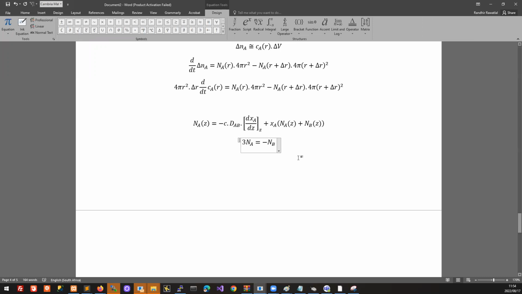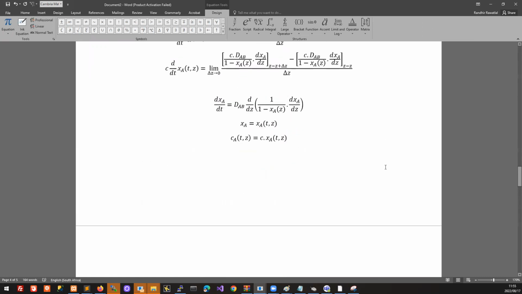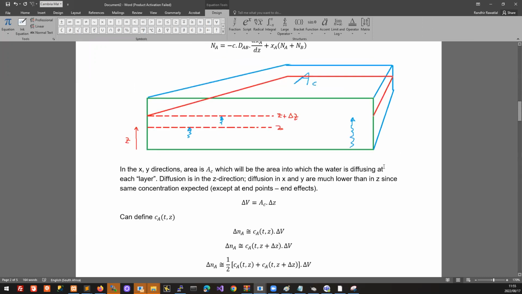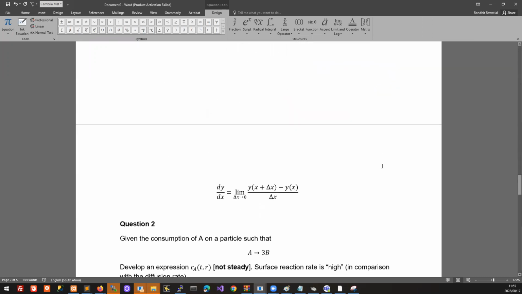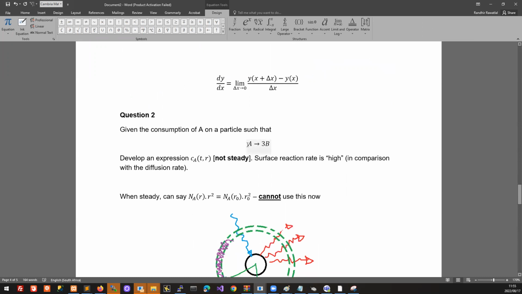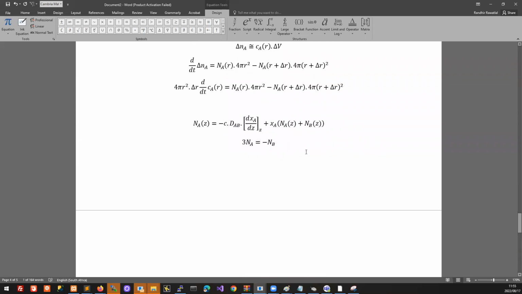So we talked about this in detail. They are fluxing in opposite directions, and what do we have? 3 Bs come out for every one of A coming in. So NB is 3 times NA.